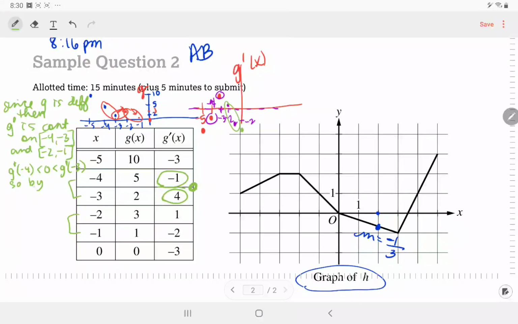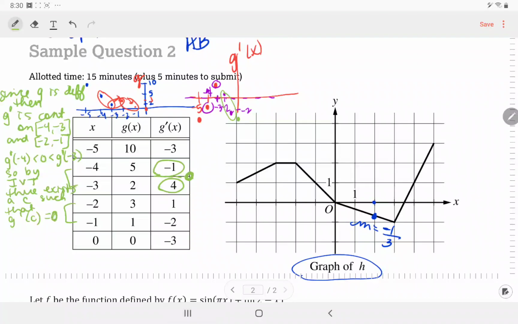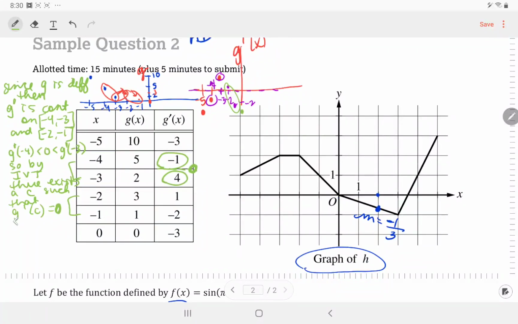So by intermediate value theorem, which I would write out, there exists a C such that G prime of C equals 0. Was I trying to prove G prime? Yeah, horizontal tangent, so I wanted a 0. So G prime of C equals 0, where C is between -4 and -3.